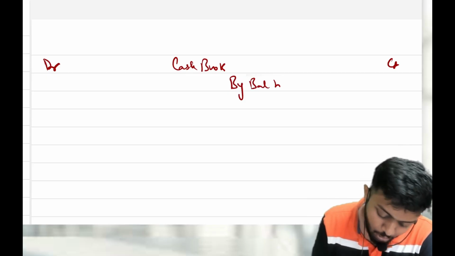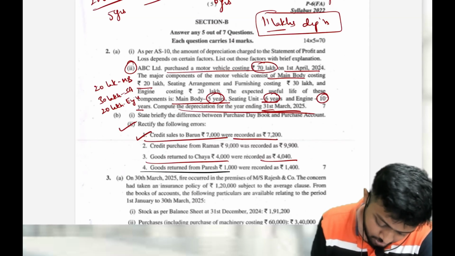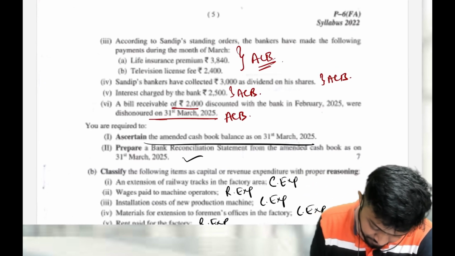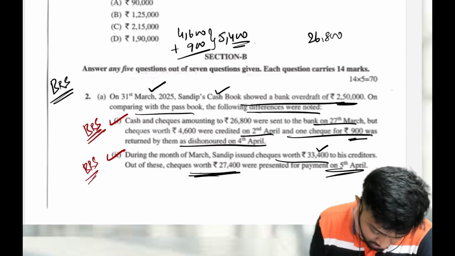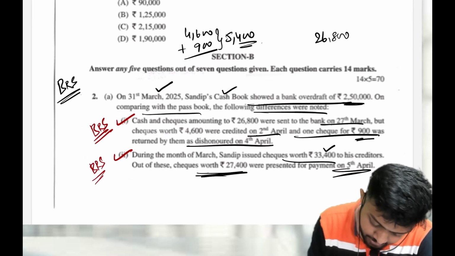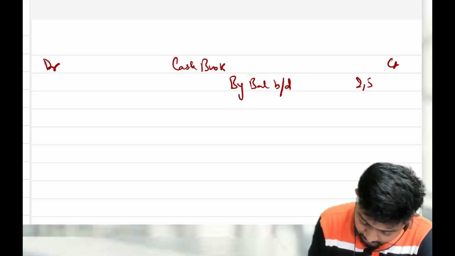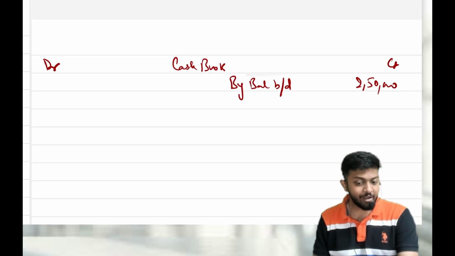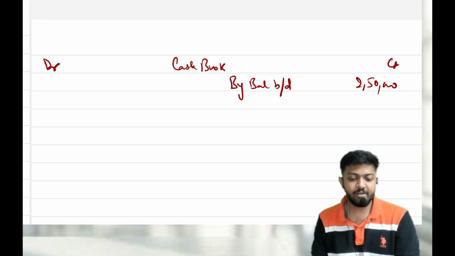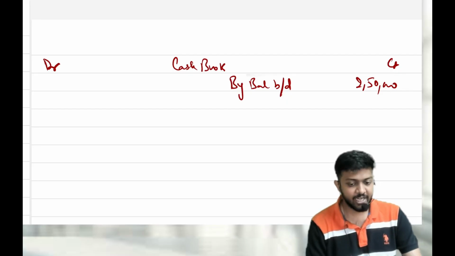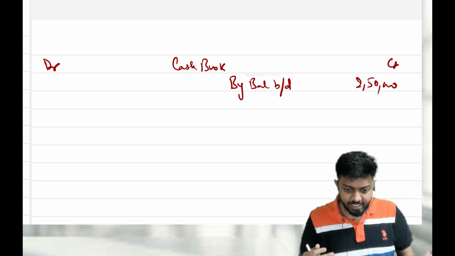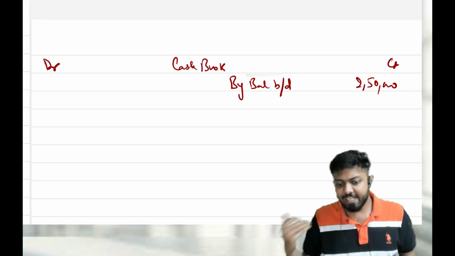So the balance brought down is 2,50,000. Please be very careful. If it's an overdraft balance in the cash book, it comes on the credit side here. If it's a positive balance, it comes on the debit side here. I mean normal balance. Now, cash book receipts go under the debit side, payments under the credit side.